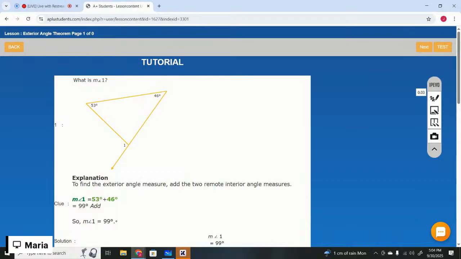So angle 1 is equal to 53 plus 46, so that is 99 degrees, right?